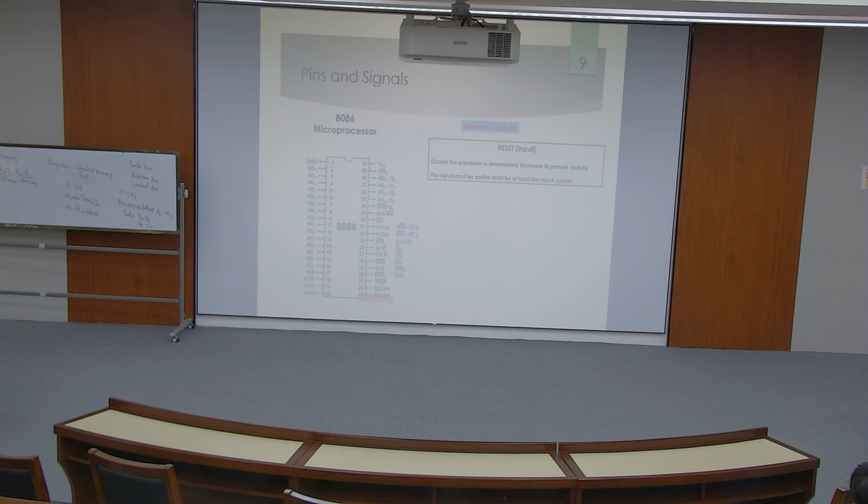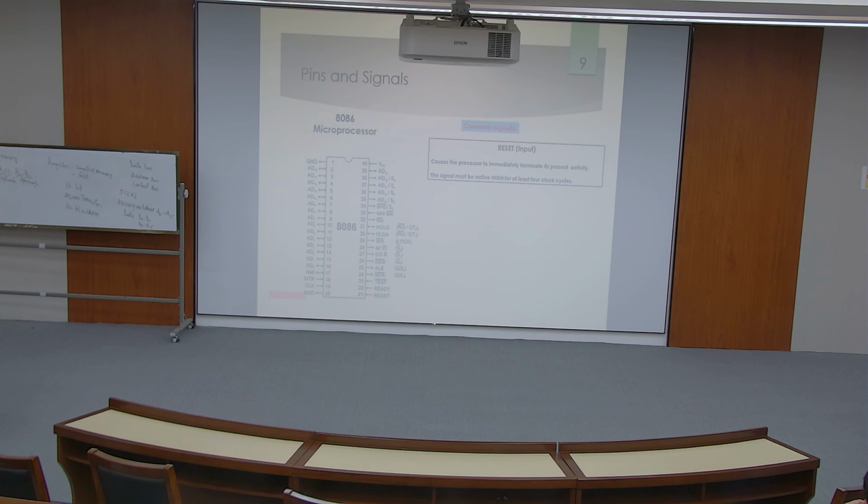Now, this signal must be high for at least 4 clock cycles. The reset pin is used when you want to stop the current activity of the 8086 microprocessor immediately.